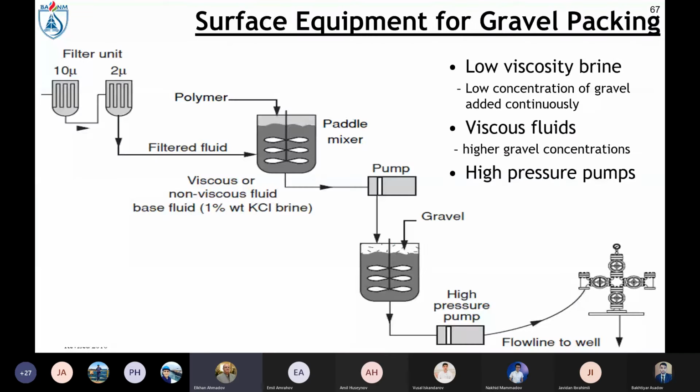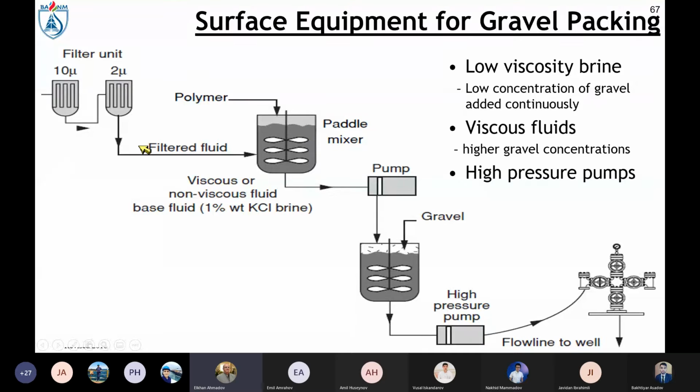This is the surface equipment infrastructure for the gravel packing. So we have filter units for 10 microns and 2 microns, and then it goes through the polymer adding. This is filtered fluid, sorry, not sand.